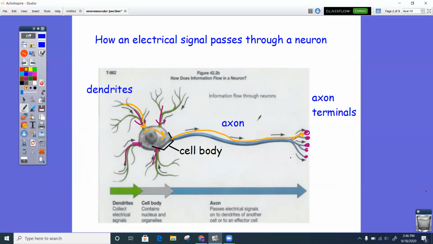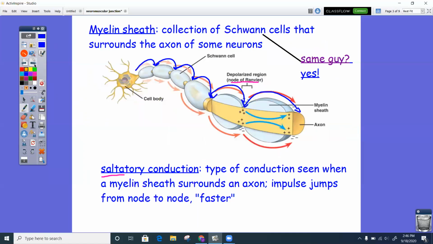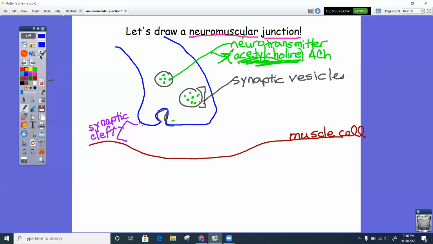So that is an electrical impulse. So if we go back to our neuromuscular junction picture, we're going to show that impulse arriving at the axon terminal.